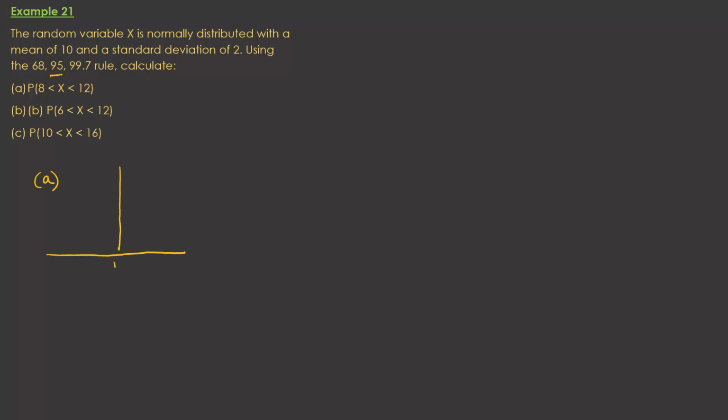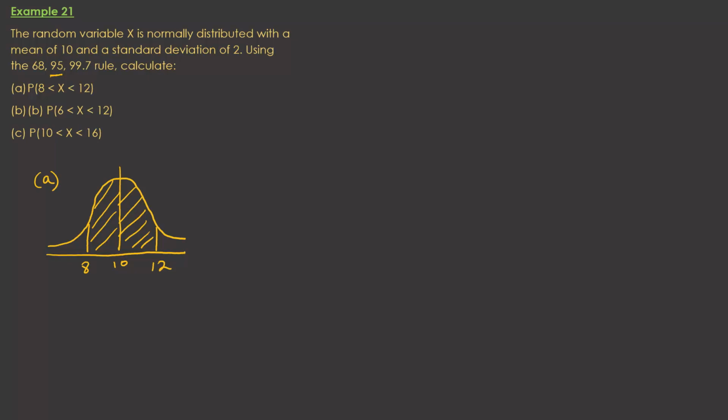Now if we know the mean is 10, then quickly draw a normal. And we're talking about 8 to 12. So we're talking about this area here. Now the standard deviation is 2.